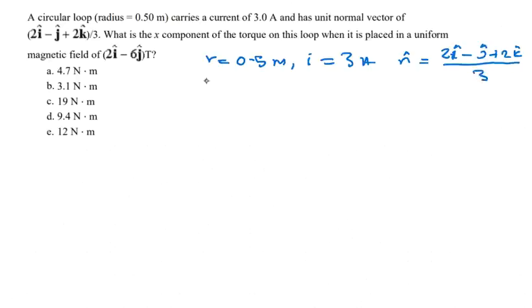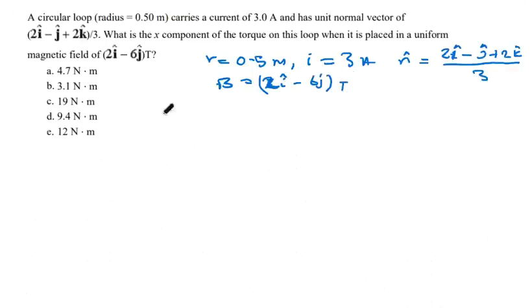And we have the magnetic field B to be equal to 2i minus 6j in Tesla.